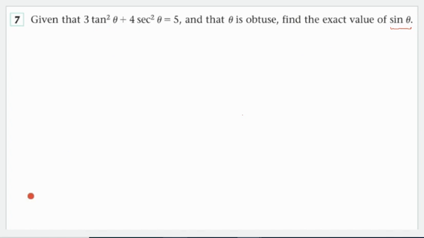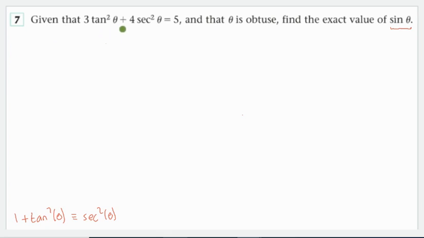These seem to relate to 1 plus tan squared theta is identical to sec squared theta. If I can get everything in terms of one of those, I could then use that fact to work out what sine is. If that didn't make sense, do not worry, we're going to go through this.